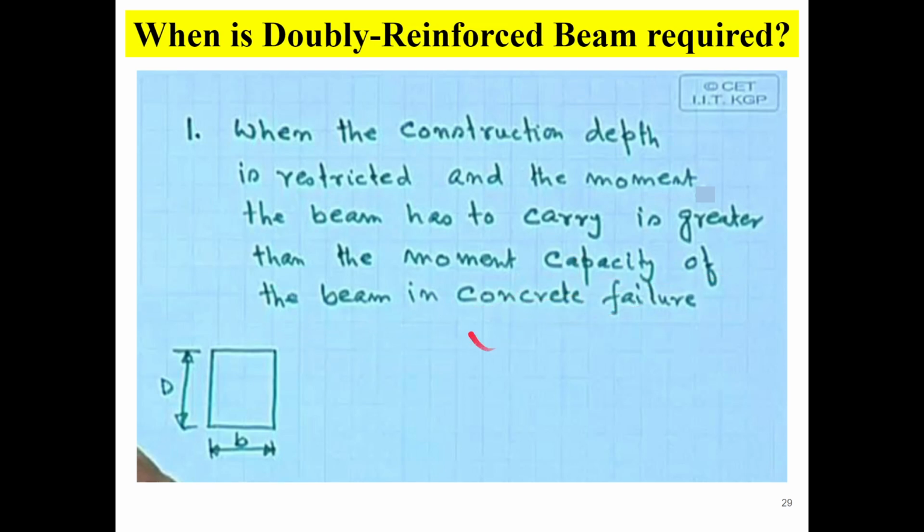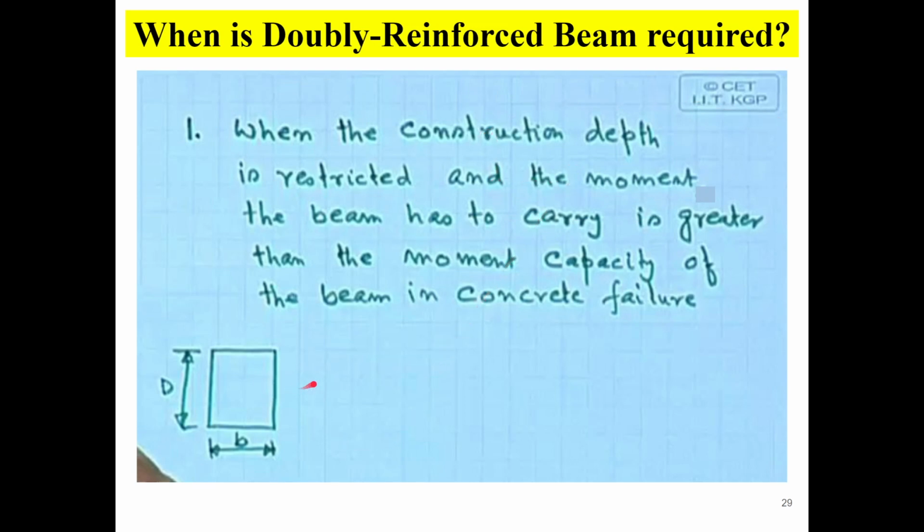As we all know, what is the moment carrying capacity of the beam? It is basically 0.36 fck b xu, into d minus 0.42 xu, or if we take the limiting moment condition, it is 0.138 fck b d square.